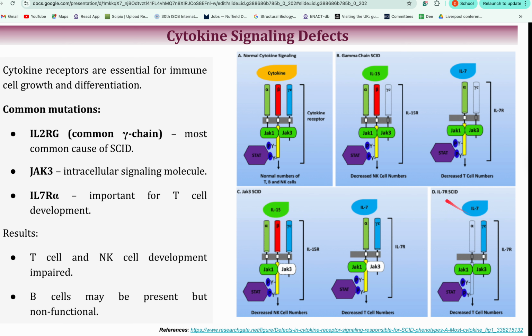Similarly in IL-7R SCID, the alpha chain is missing, which leads to decreased T cell numbers. The component shown without color means there is a defect in that particular component. Similarly here, this was previously green, but now it's white, which means this particular JAK3 gene is defective.